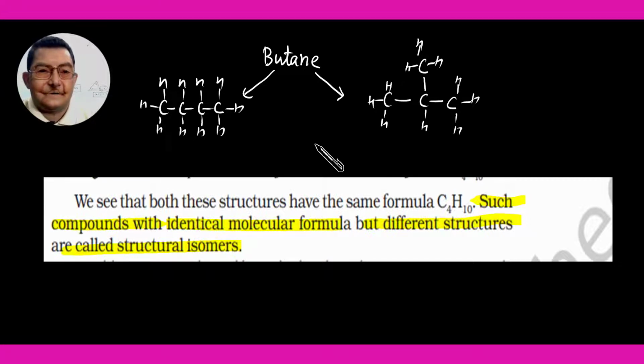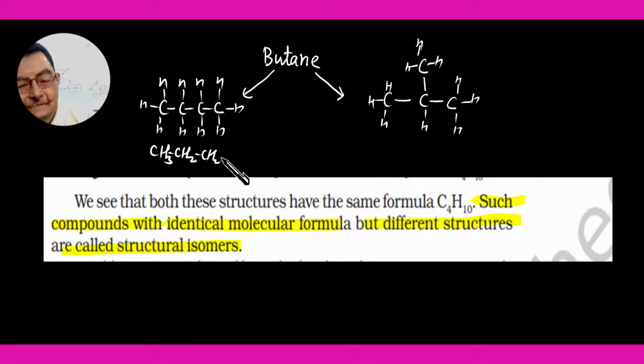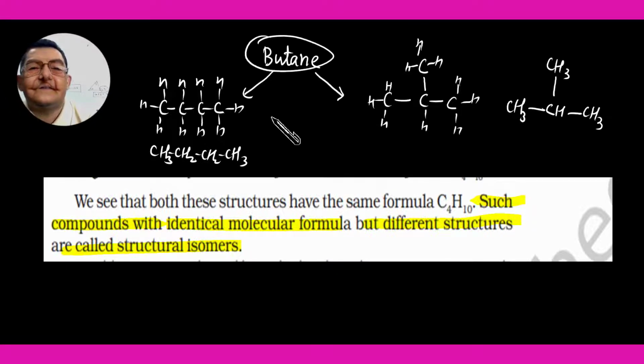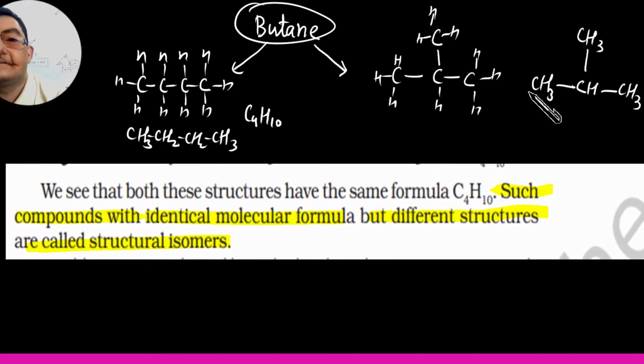See, 2 possibilities. If you want to draw the condensed version of this, it will be CH3, CH2, CH2, CH3. For this, it will be CH3 single bond, CH single bond, CH3 single bond, CH3. So butane has C4H10, this also is C4H10.